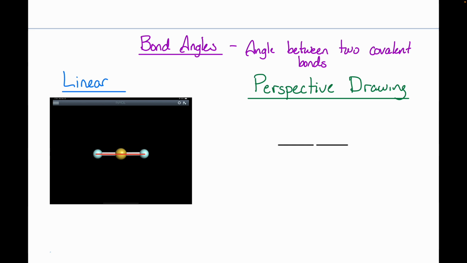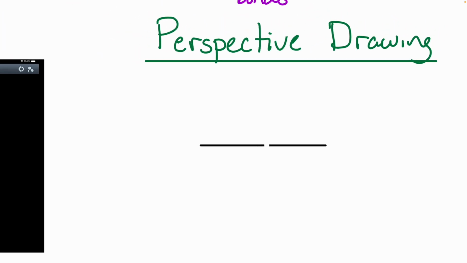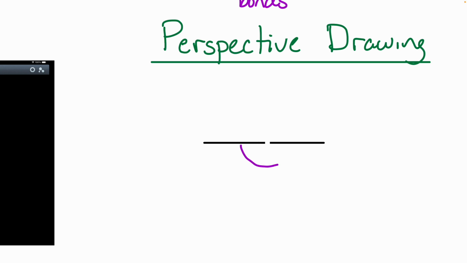Cool. All right, so our linear structure is going to be the easiest one here. What is this bond angle between these two bonds if they're on opposite sides of that central atom? 180 degrees. And we've been talking about temperature for a while, not 180 degrees Celsius, just 180 degrees.